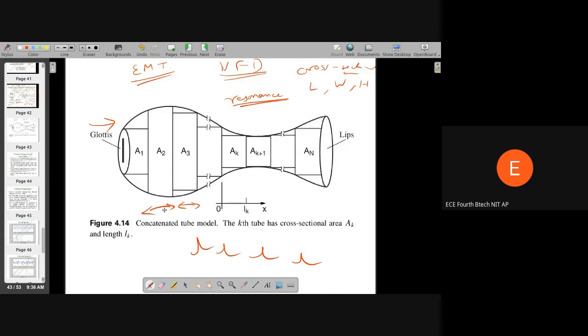That you can see in the speech spectrum at different frequencies. These frequencies are generally called vocal tract resonances or formants.